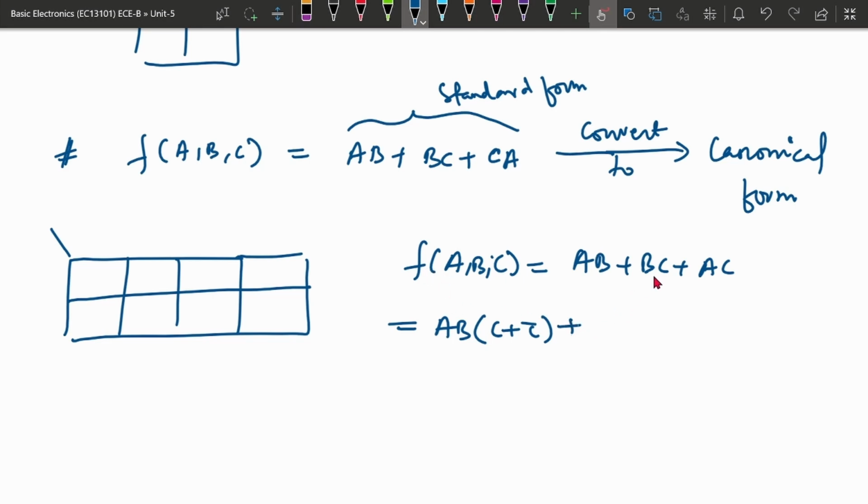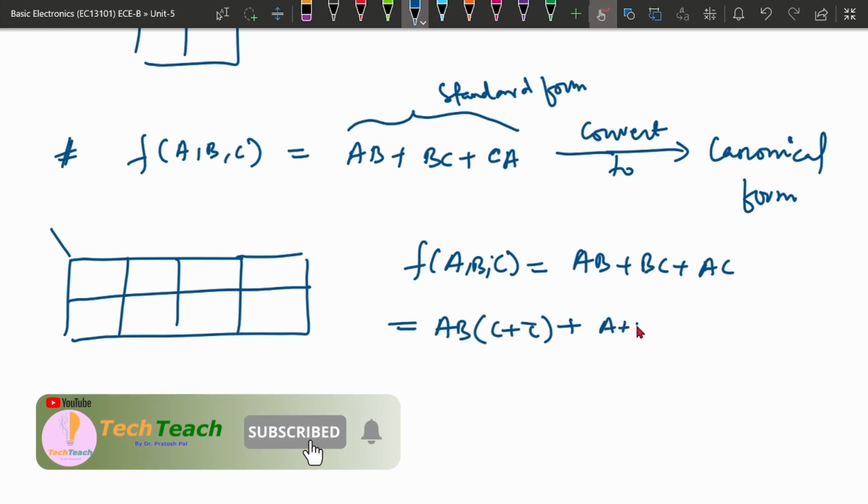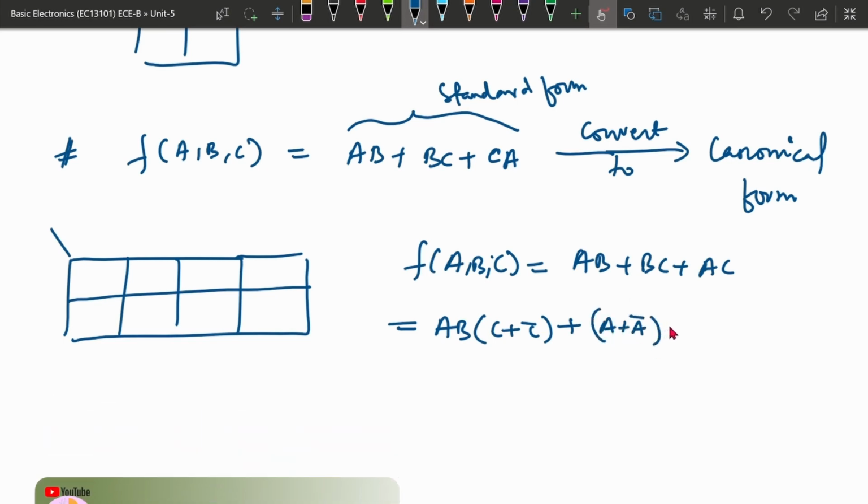Similarly in BC, the A term is missing, so we multiply BC by A plus A bar. Similarly AC is missing the B term, so we multiply it by B plus B bar.